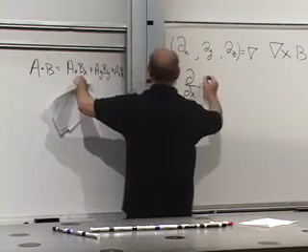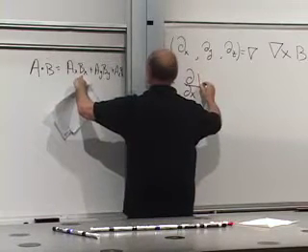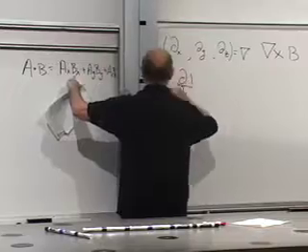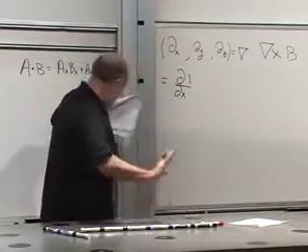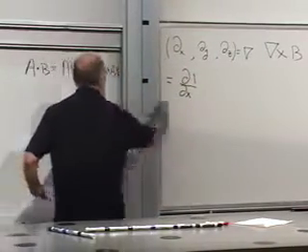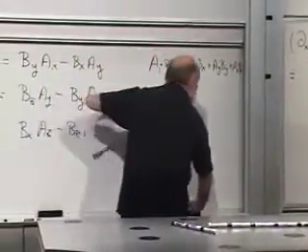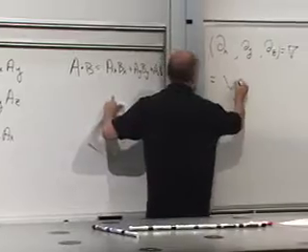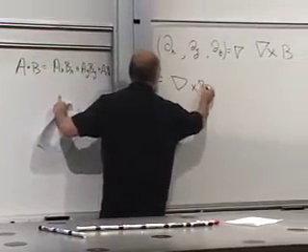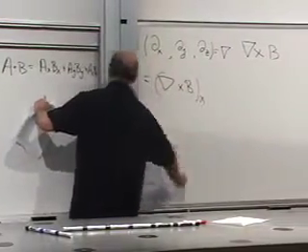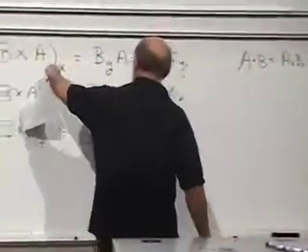Slow down. We're doing the curl. The x component of the curl, del cross B, the x component of it, all right, that's this.